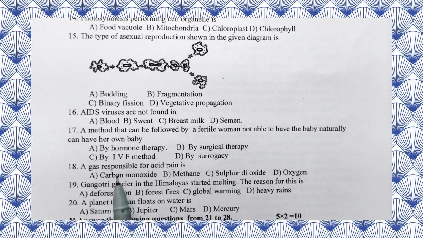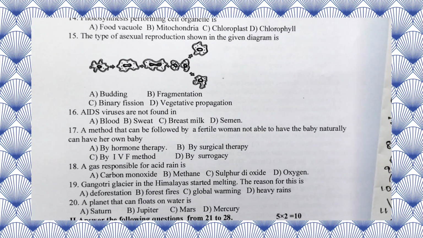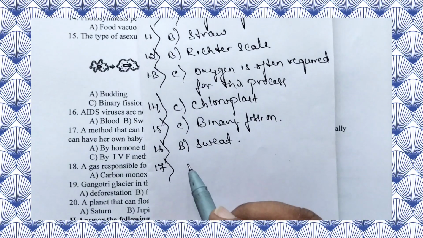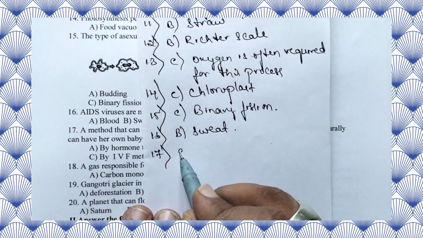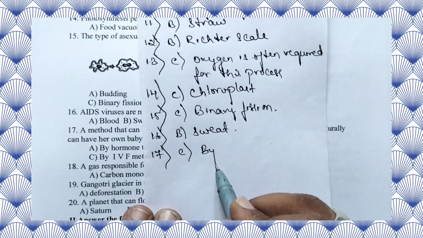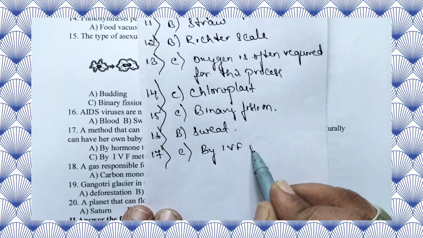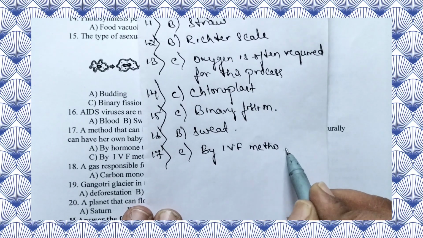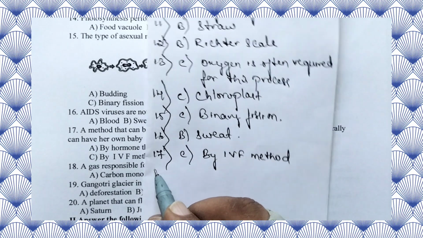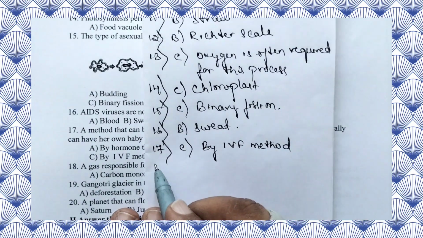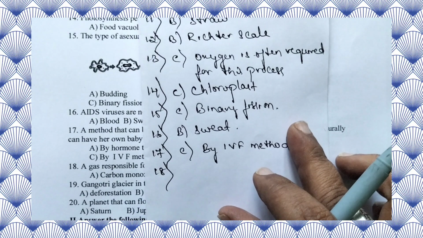So the right answer is IVF, that is in vitro fertilization method. That is option C, the answer for the 17th question.